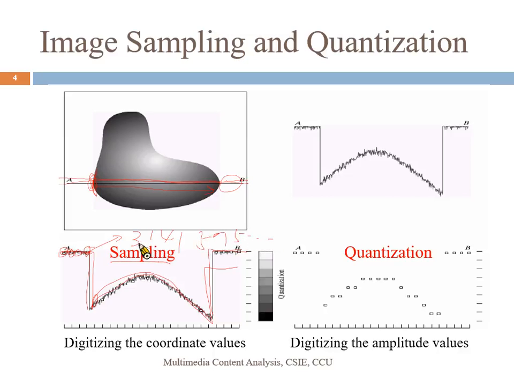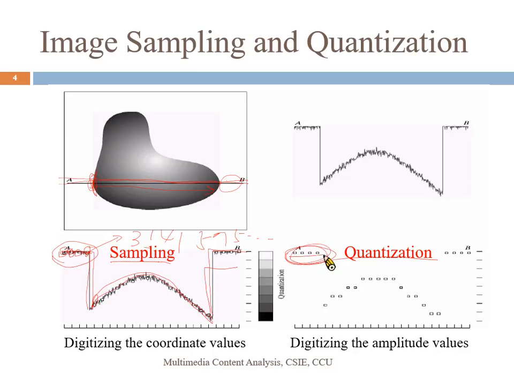But we cannot store numbers like this, so we have to quantize the real value numbers into just a finite set of numbers. So we can see that all these 4 sample points may have different intensity values, but after quantization, we just store them as a fixed value.